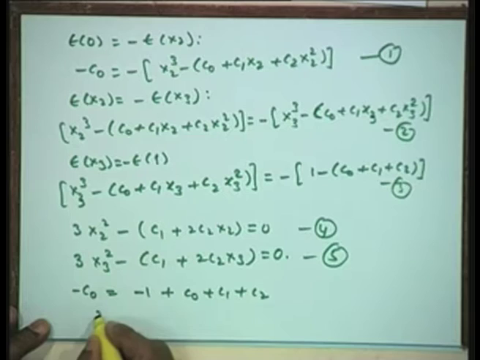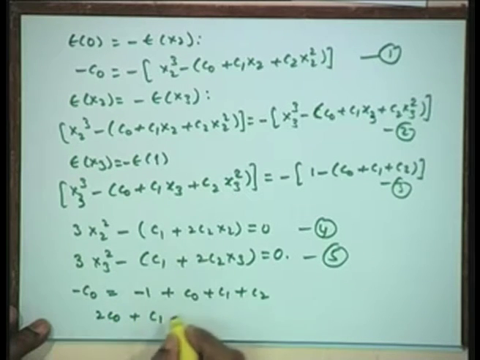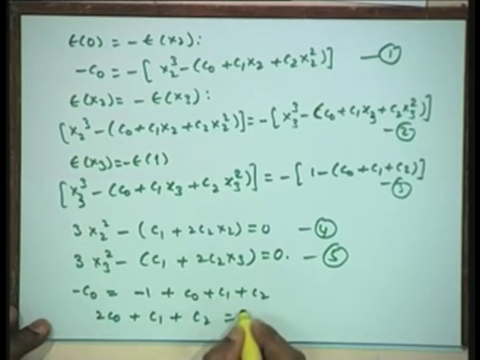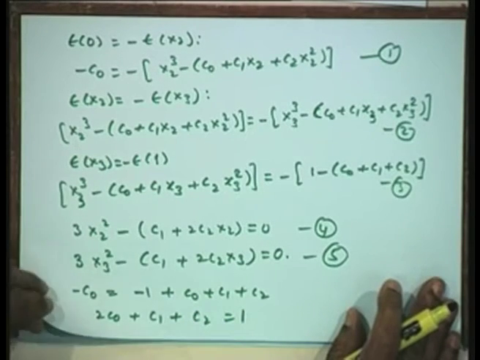Right, this gives me 2 c naught plus c 1 plus c 2 is equal to 1. Now, I think I will leave this as an exercise for you to complete the problem.